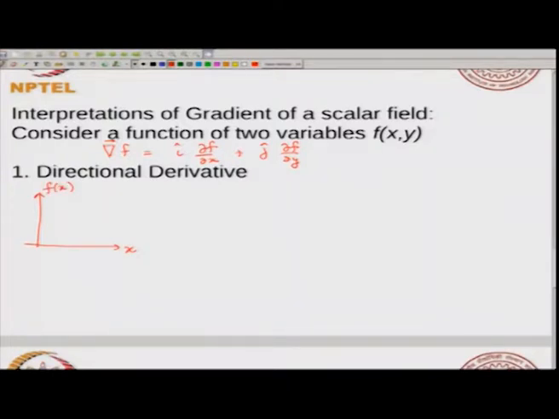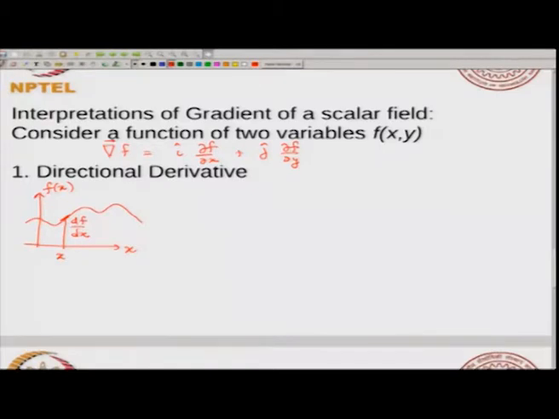I can just plot it like this. If you calculate df/dx at this point x, then you know that df/dx gives you the slope of the tangent to this curve at this point.